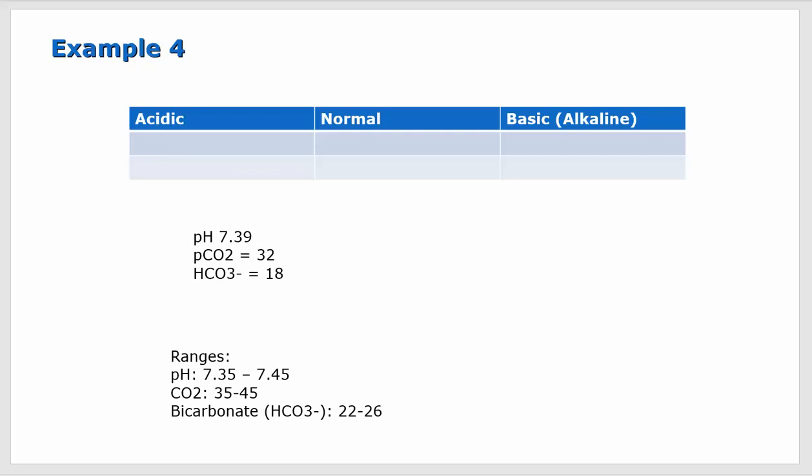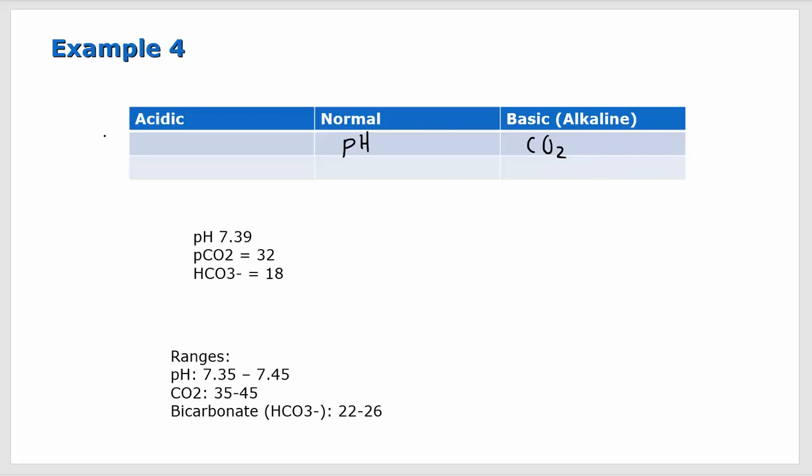Okay, a couple more examples. Let's see. So we have pH 7.39. So that's going to be in the normal range. So whatever this is, unless everything else is normal, this is compensated. So carbon dioxide, yeah, that's already on the alkaline side of things. CO2.